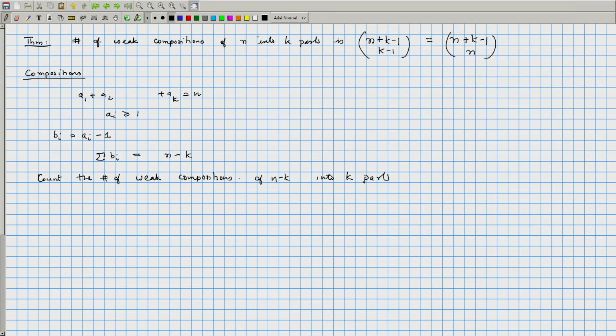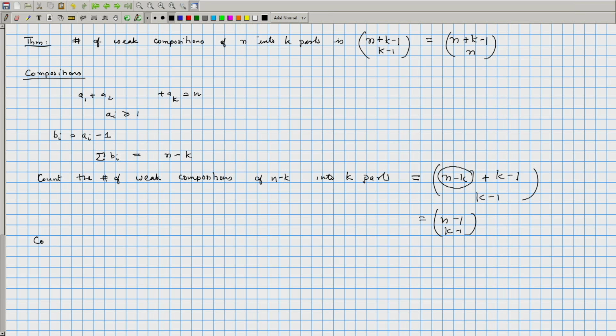Counting the weak compositions is something that we have already done, and this is equal to n minus k, since n minus k plays the role of n now, plus k minus 1 choose k minus 1, and that is equal to n minus 1 choose k minus 1. So, this is the number of compositions of n.